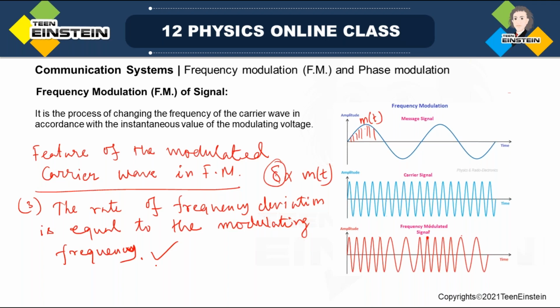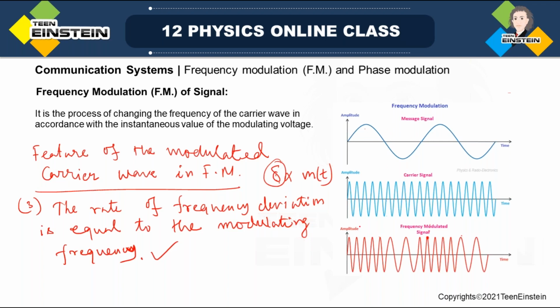So we have learned that the amplitude of the modulated signal remains the same. One more point is that the carrier wave is modified according to the change in the instantaneous value of this message signal.